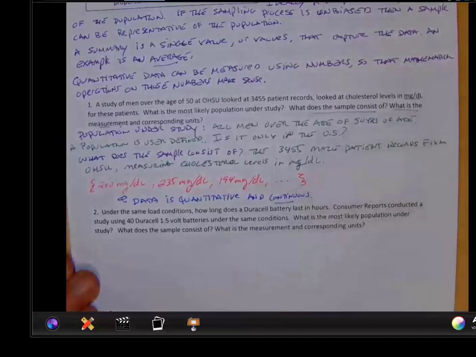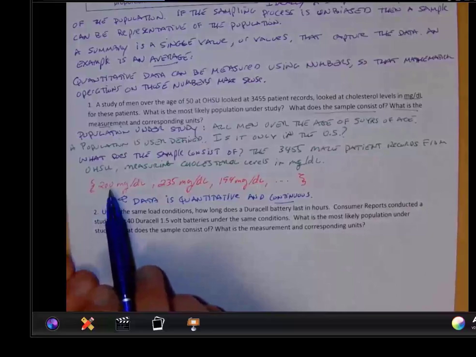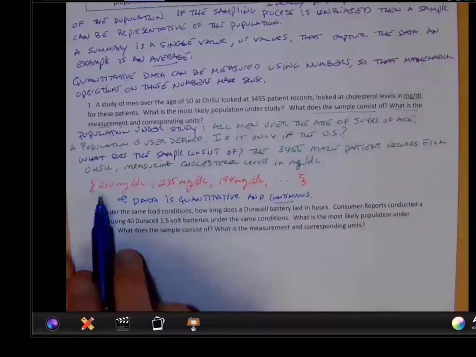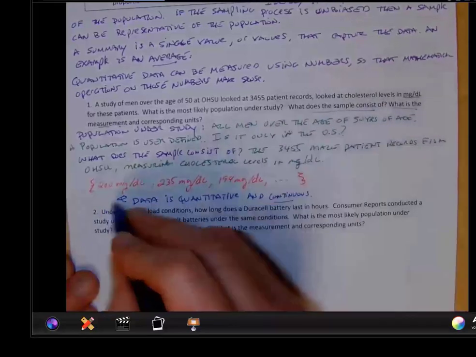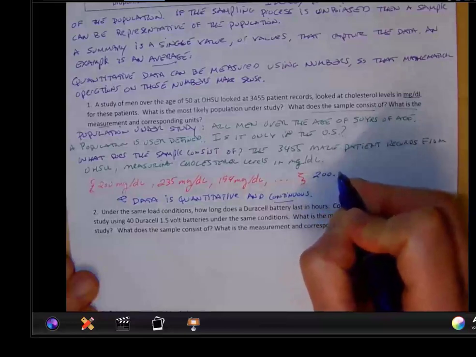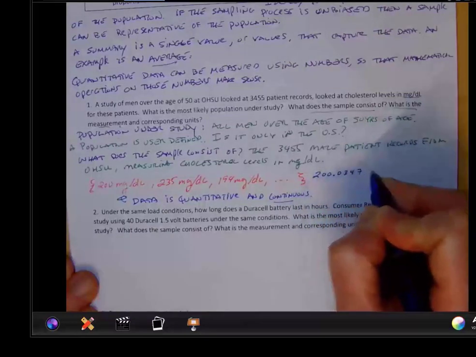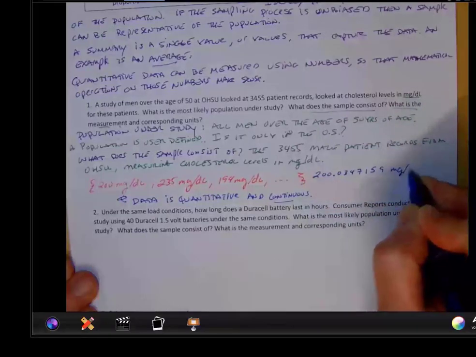But when we say continuous, it means that this can also be a real number. For example, maybe our instruments can only read to the ones unit. But in reality, for the person that measured 200, their actual value was 200.0347159. I'm just going to throw something here, milligrams per deciliter.